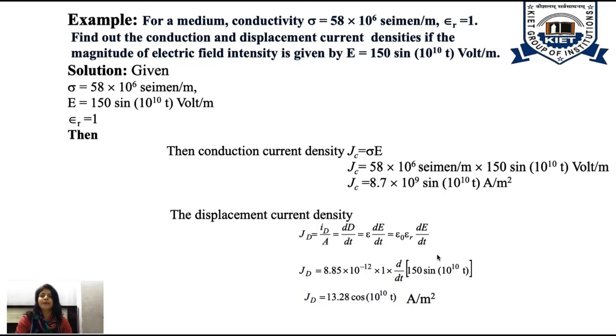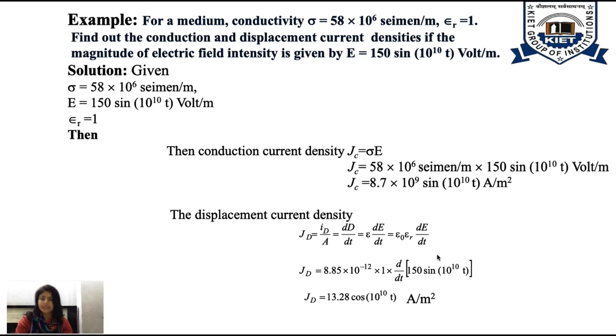These are few numerical examples. For a medium, conductivity sigma is equal to 58 into 10 to the power 6 Siemens per meter. Epsilon r is equal to 1. Find out the conduction and displacement current densities if magnitude of electric field intensity is given by E is equal to 150 sine 10 to the power 10 t volt per meter.